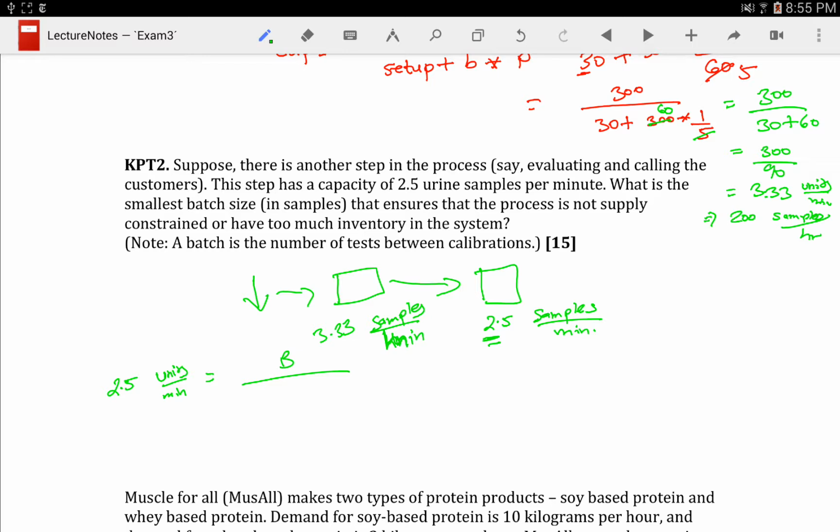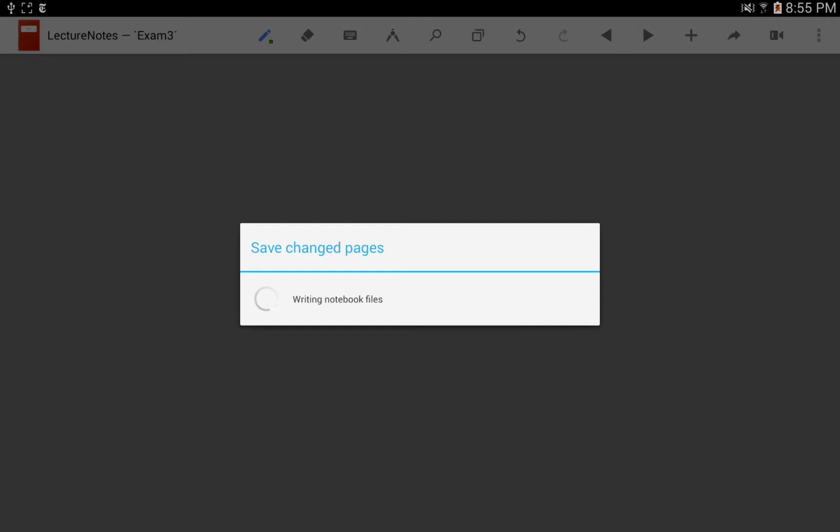Our setup is still 30 minutes plus the batch size we are finding, and our processing time is 12 divided by 60 in minutes. If we solve this, 2.5 equals B divided by 30 plus B divided by 5, because 12 seconds comes out to be 1/5.